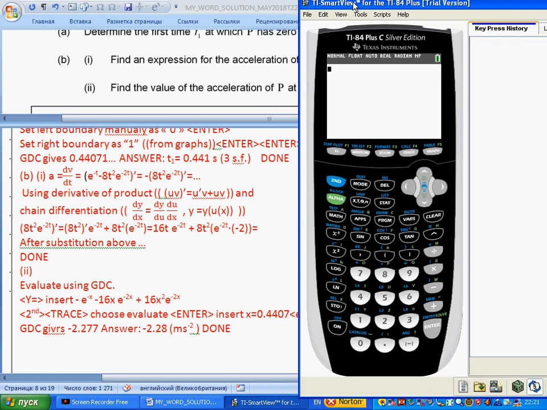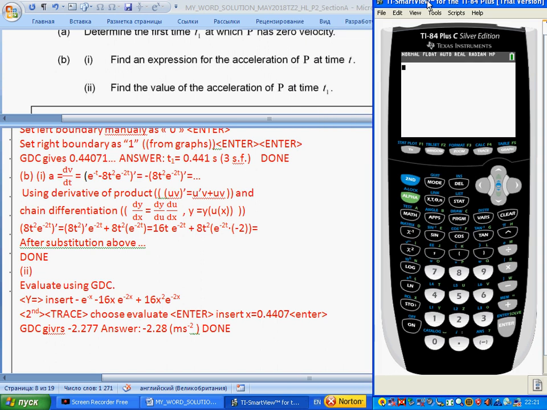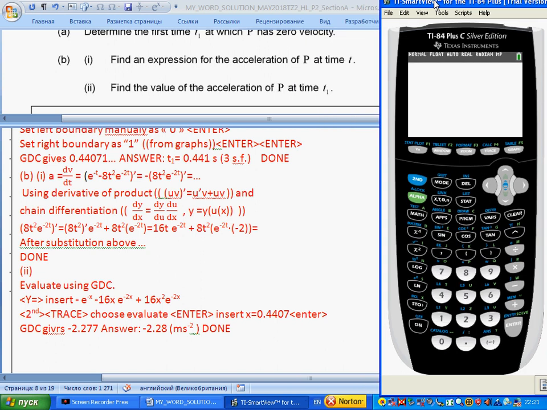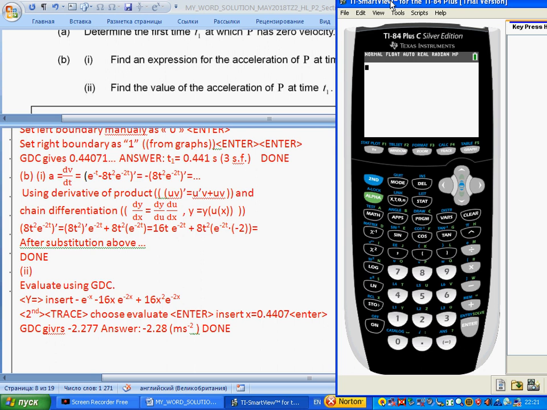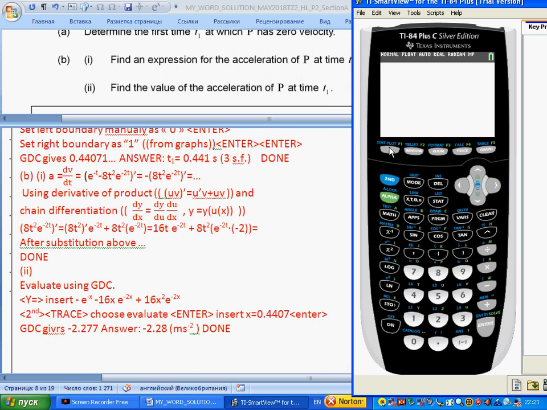Right, so we write again y. Now we need another function. So this is why we clear what we did before. So another function is minus. So we use this minus in case.